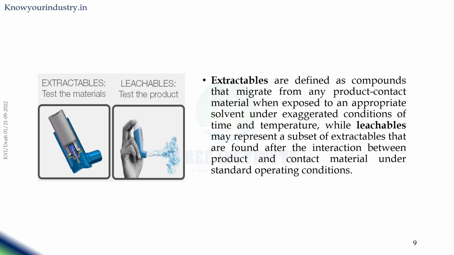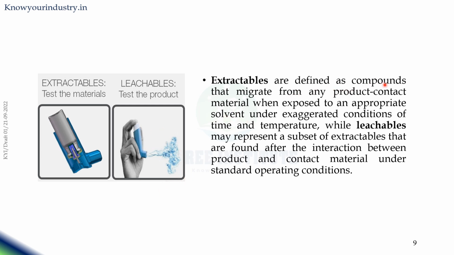So we are talking about extractables and leachables now frequently. So what is extractables, how is it defined, and what is leachables, how is it defined? Basically, extractables you will do using the packaging materials, and in case of leachable, you will perform the test using the product, the finished product. So how will you define this?